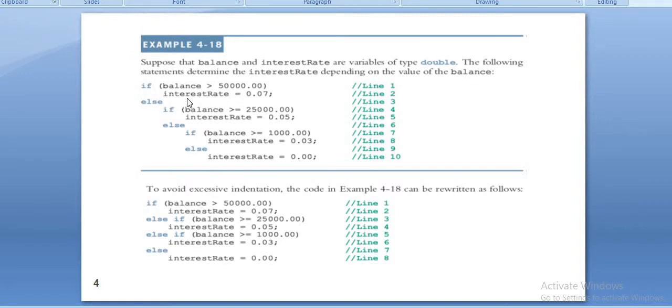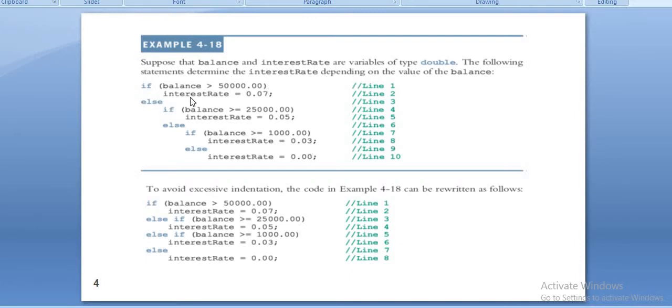It will be ignored by the compiler because one condition has become true. For example, if it is not true, then it will go to the next condition, and if it is true, the rest of the conditions will be ignored, and this will go on in this fashion.